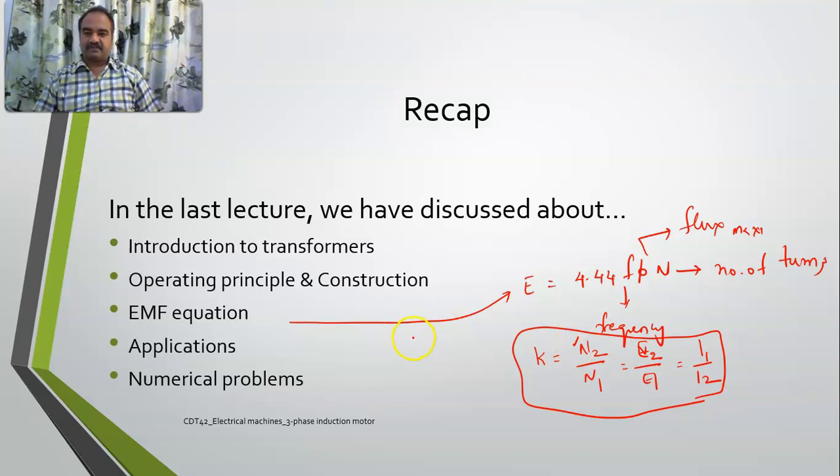If the number of turns is less, then you will get a reduced voltage. And if both the turns are equal, then there won't be any change in voltage level, and you call it an isolation transformer. We have seen these things in the last video lectures, and we have done some numerical problems along with discussing some applications of transformers.